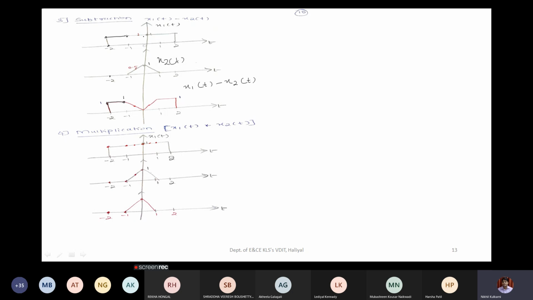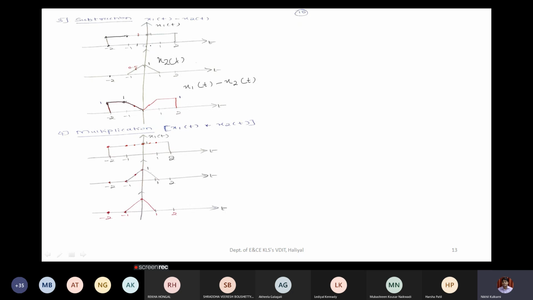Now if you move between -1 and 0, at 0.5, x1 is 1 and x2 is 0.5, so 1 minus 0.5 will be 0.5, so it will come down. At 0, it is 1 and also 1, so it will be 0.